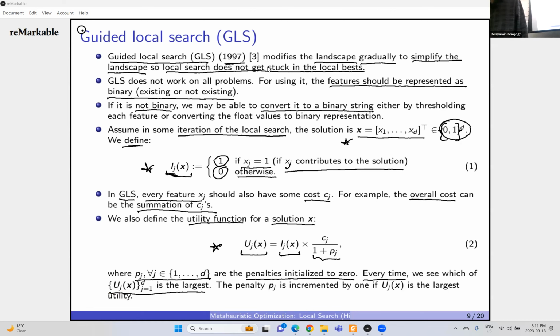What does it mean? When utility is larger, it means that first off, xj is 1, so it is contributing to the solution. If the feature does not contribute to the solution, the utility becomes 0. So first off, it must contribute to the solution. It means that it's important for my solution.